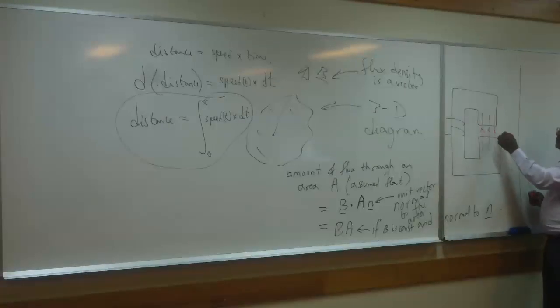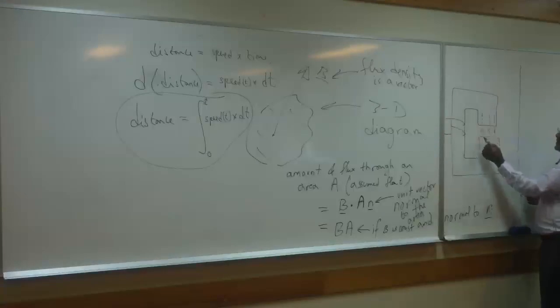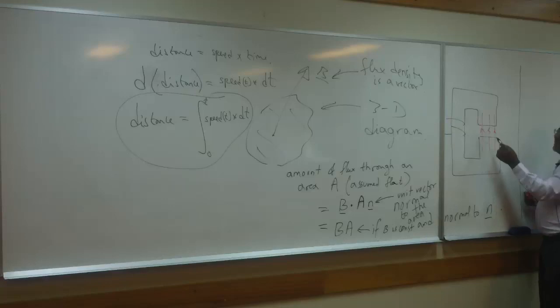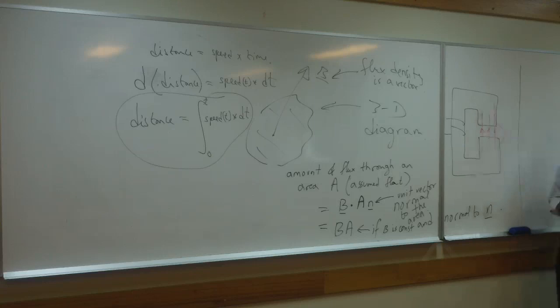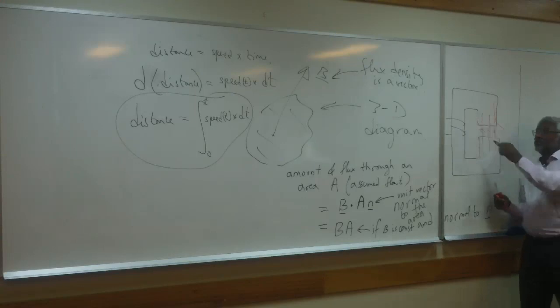And if I want to know the amount of flux that links this coil, then I can look at the flux density and integrate over that area. I can assume that that's all the flux. Of course, in practice, there would be some flux going like this. If I wanted to be serious, I would integrate over that whole area, get that amount of flux, and that amount of flux would be the flux associated with the current going in that coil.